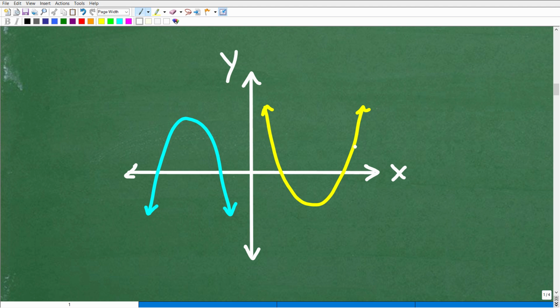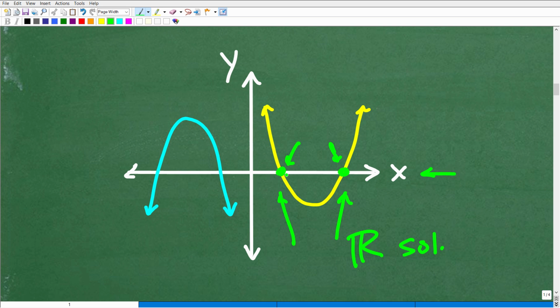Now notice here in our parabolas, they intersect the x-axis, okay, right here and right here. For this particular parabola, these x-intercepts are the real number solutions. So whatever the equation was to this particular parabola, if I wanted to solve it, I would set it equal to 0, and I would find the real number solutions.